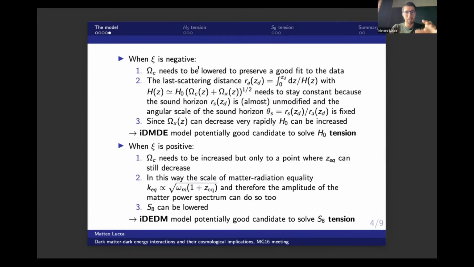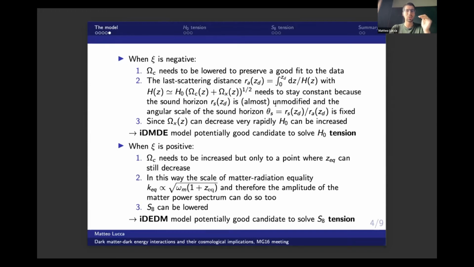So it is a bit packed, I understand, but focusing first of all on the case where Xi is negative, we said the dark matter energy density is increased. So in order to preserve the goodness of the fit to the data, you need to decrease the value today of omega dark matter. And by doing so, you can kind of equilibrate the change in omega dark matter.